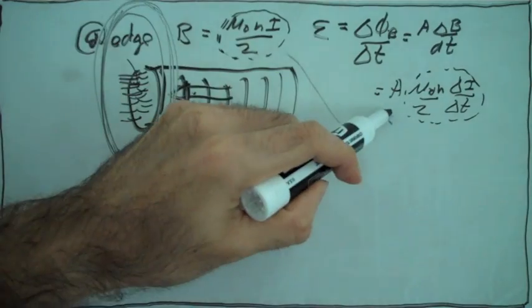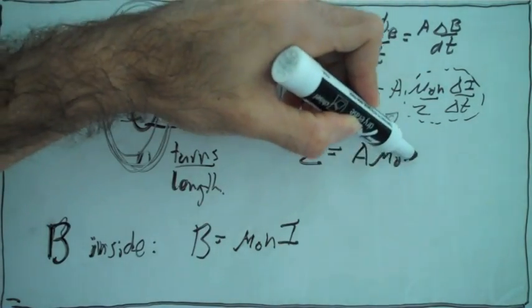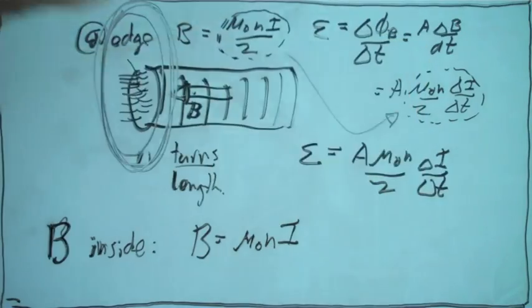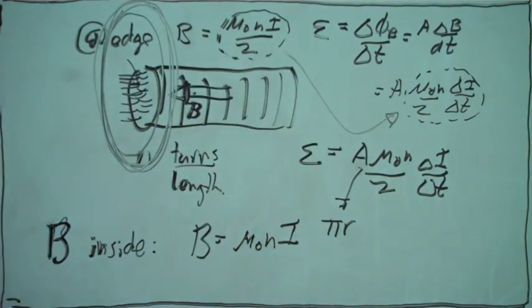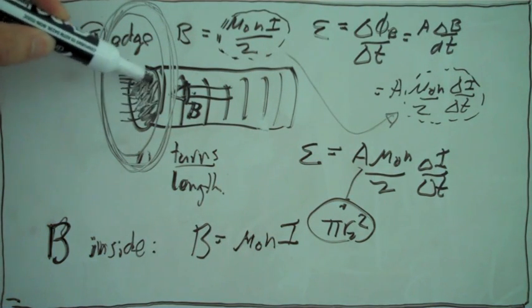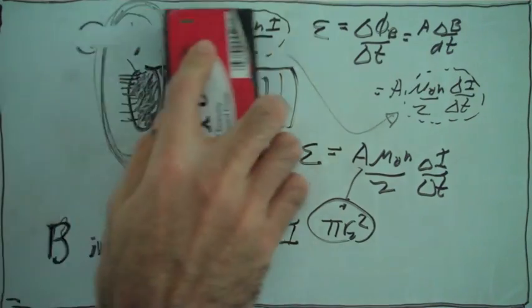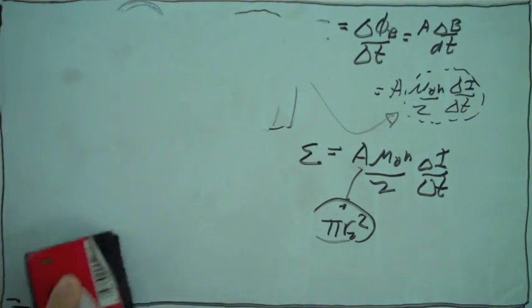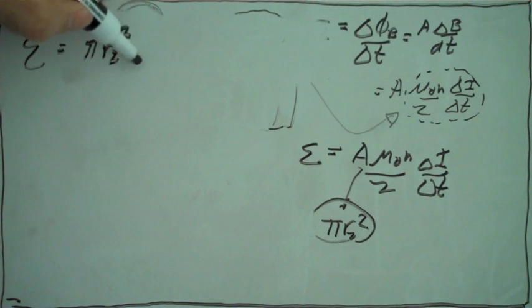But we take the derivative with respect to time. So the induced EMF is given by this quantity. Now, of course, the area is just pi r squared, where r2 is the radius of this little circle. So we know the induced EMF in the big ring. This induced EMF is just this equation here.